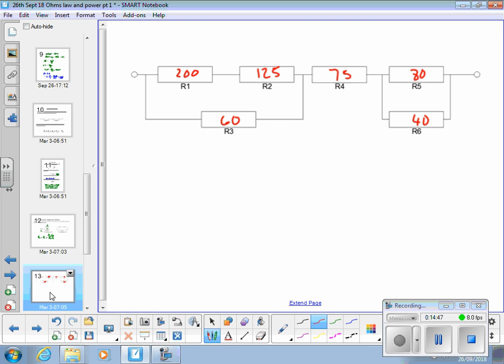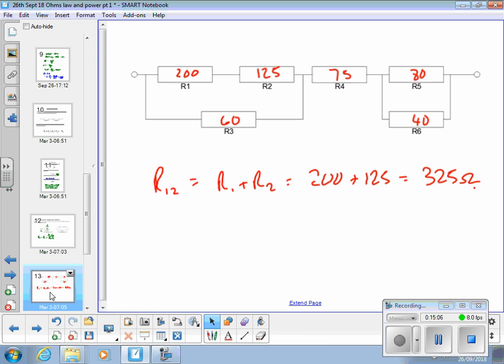So we go these two as R1 plus R2 equals 200 plus 125 equals 325 ohms. So what we're saying there is these two make 325.